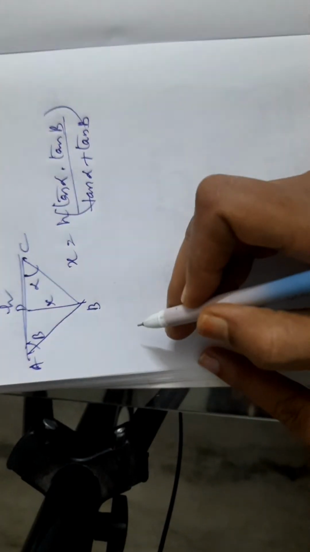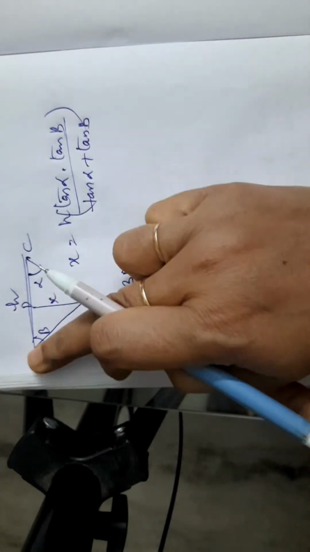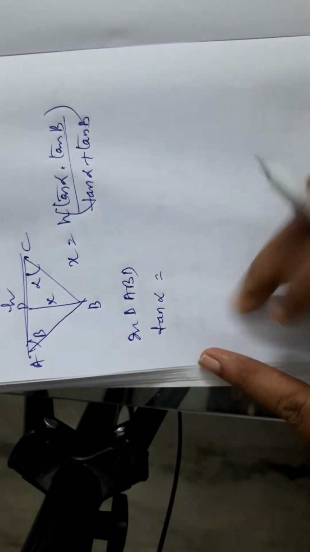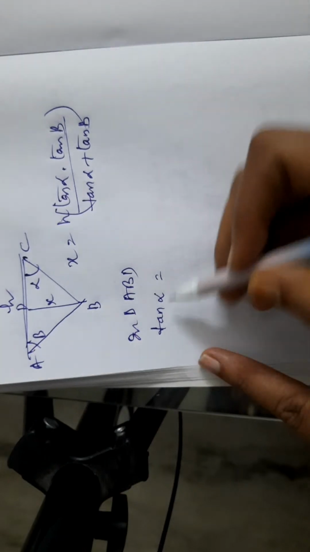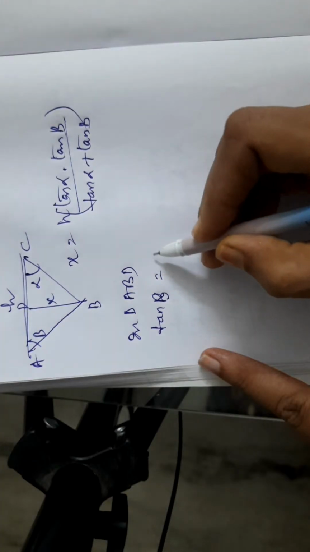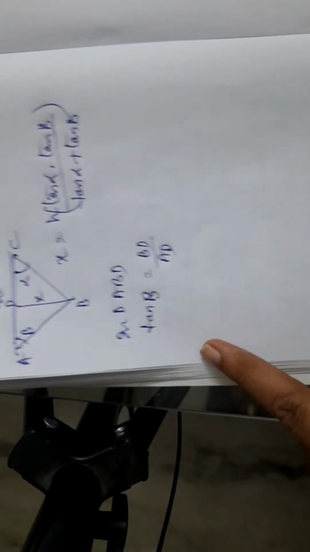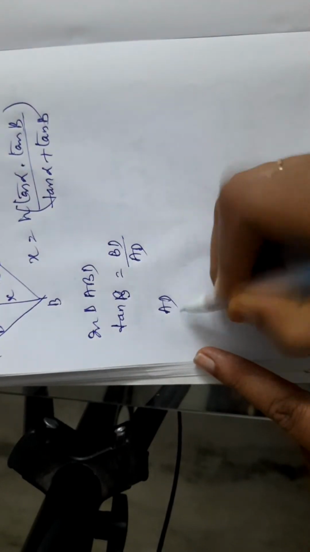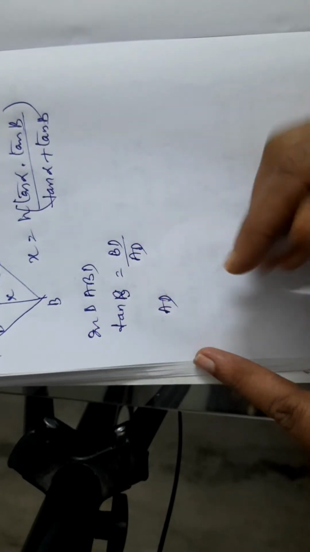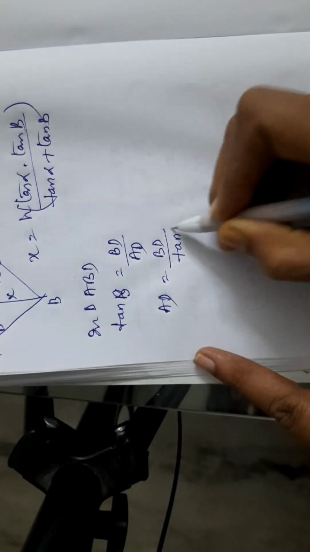Now we'll start out with the triangle. In triangle ABD, tan beta is perpendicular upon base. Calculate the value of AD, shifting AD in place of tan beta. AD is BD upon tan beta.